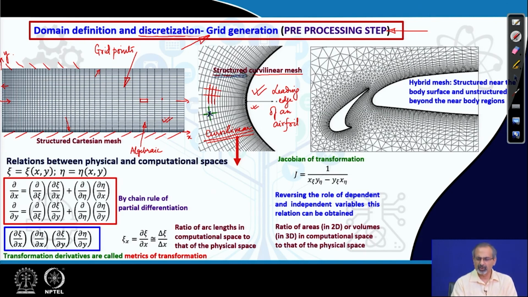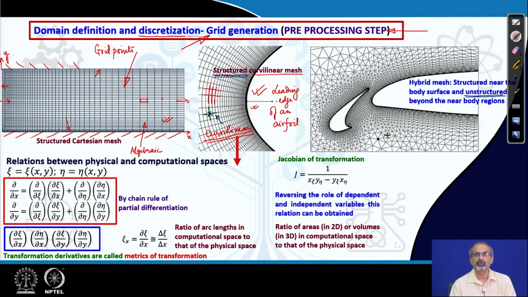For more complex geometries, you may not be able to handle the mesh generation problem with structured grids which are curvilinear. You may actually have to go for another kind of grid which is called as unstructured grid. And in unstructured grid, there is no restriction like this. More than two lines can actually meet at a point, like you see here.